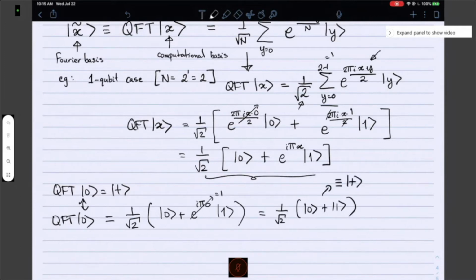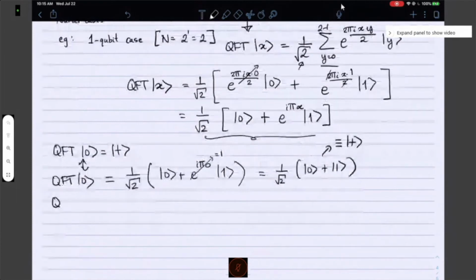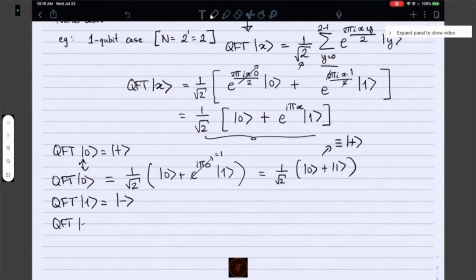What does QFT of 1 look like? Remember, this is the minus state. What does QFT of 1 look like in the way that we've written it up here? That is just 1 over square root of 2 of 0 plus e to the i pi. This time x is 1 times 1. And if you remember, e to the i pi is equal to minus 1.